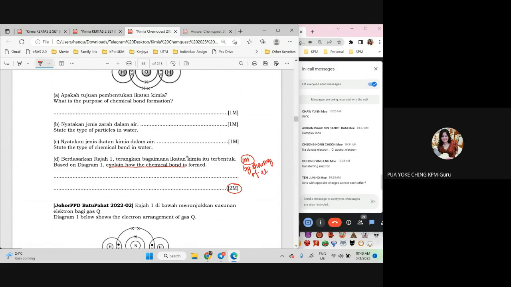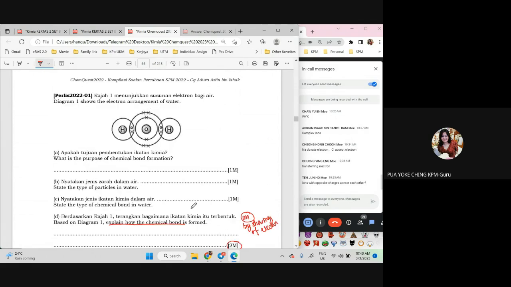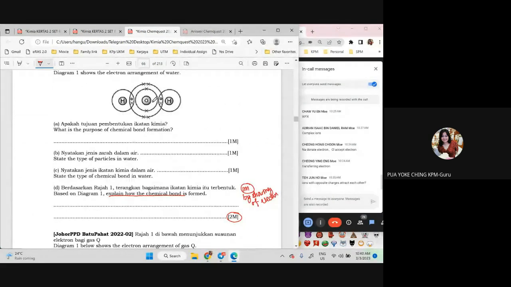of electron. Because this is covalent compound, right? Okay. Ini 2 marks, so you need to write a very specific answer. Berapa H, share berapa dengan O. It must be very specific.